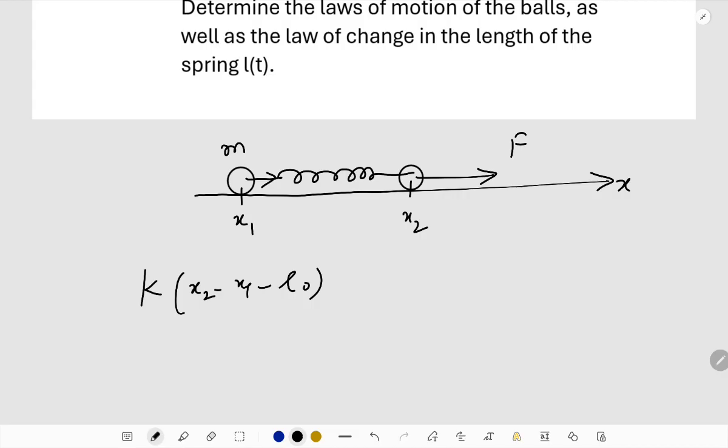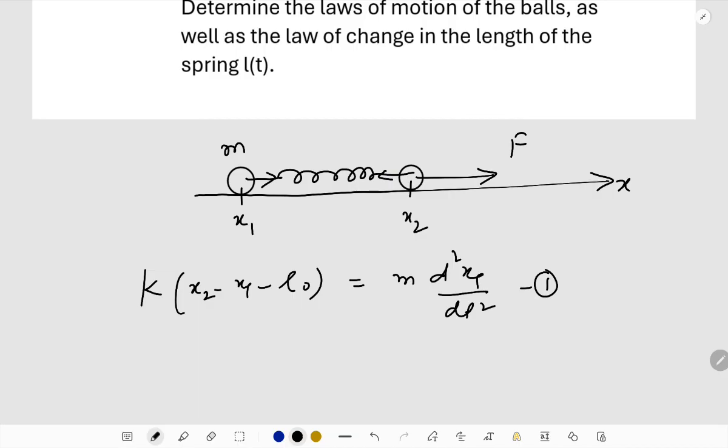The extension in the spring is the length of the spring at this moment minus the natural length, and this will be equal to mass times acceleration, d2x1 by dt square, of the left block.